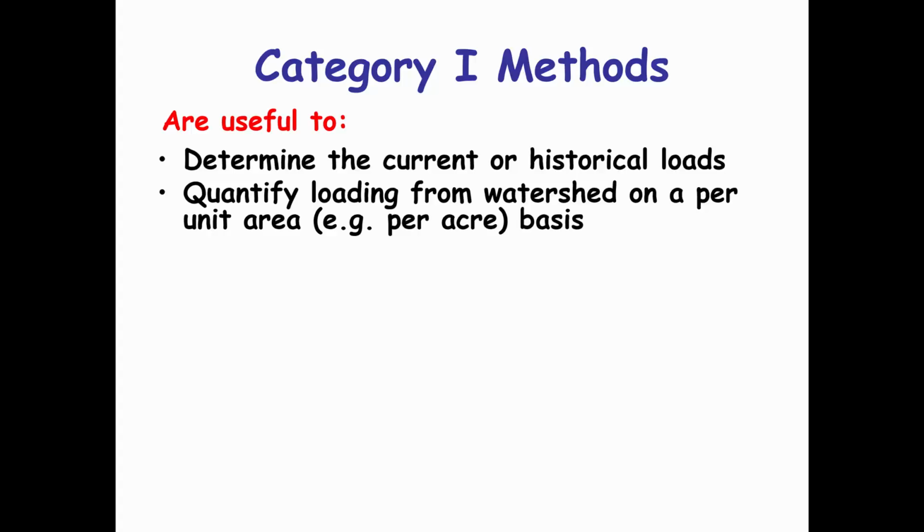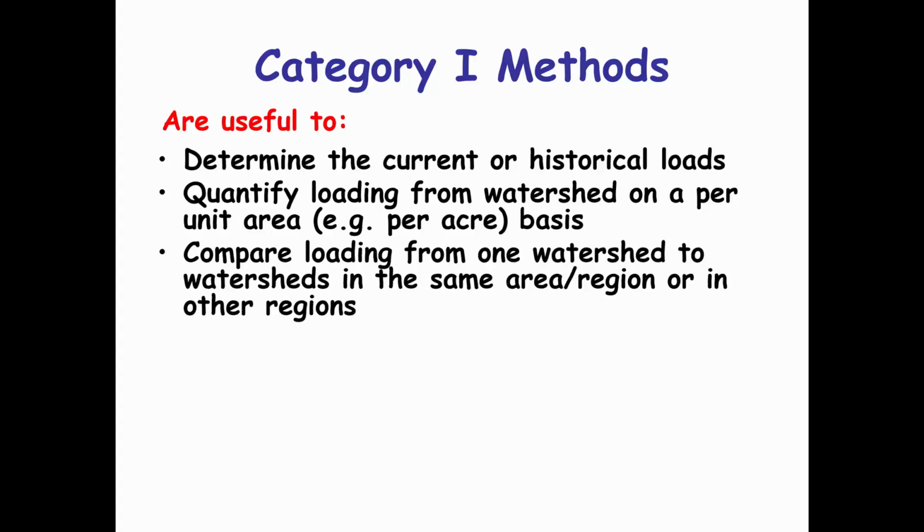They are used to quantify loading from a watershed on a per area basis, for example, per acre, per hectare. We can then take that information and compare loading from one watershed to other watersheds in the same area or region or in other regions.